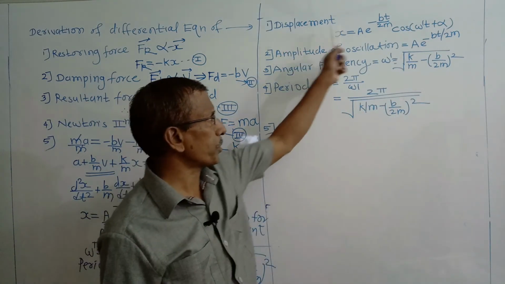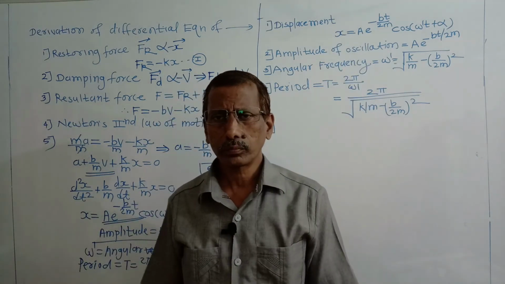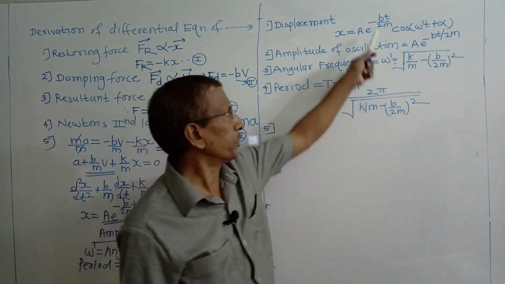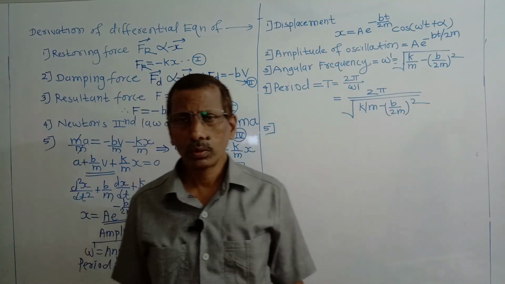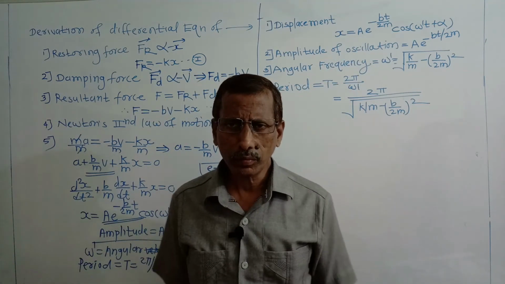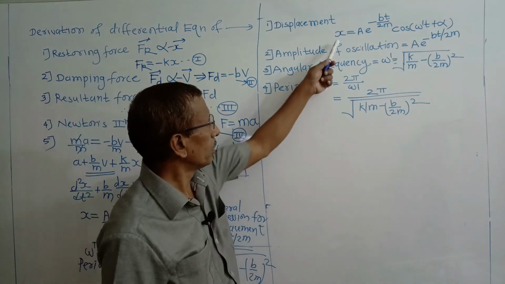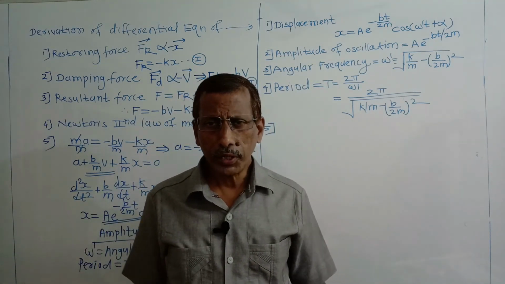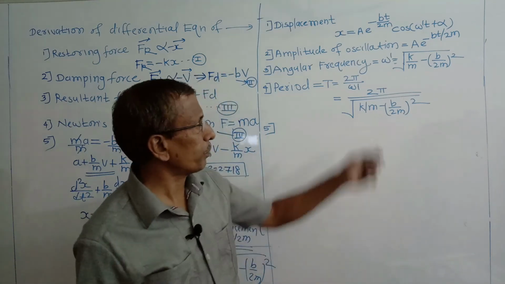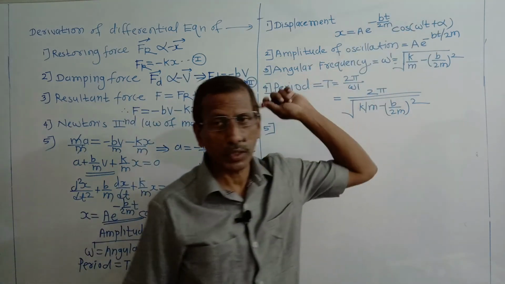So from this equation, as the time is going on, this term in the denominator is positive and its value is increasing, and so the value of the denominator increases, so the value of this term is decreasing.